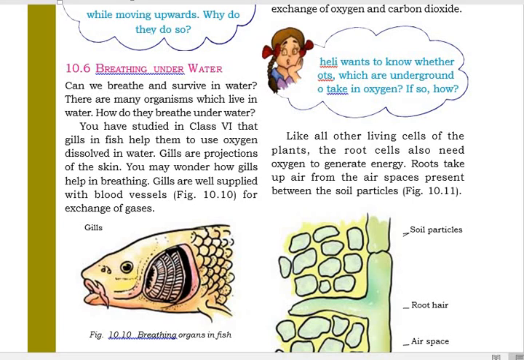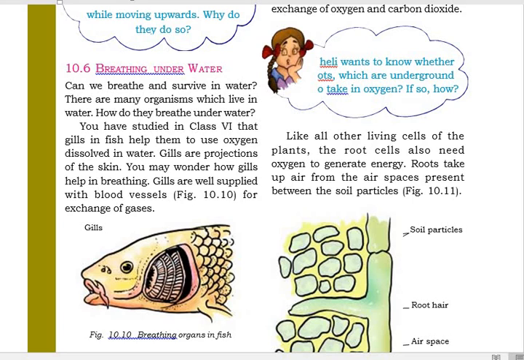These are the openings, the gills. You may wonder how gills help in breathing. You know how the fish breathes. When the fish always moves in water, the gills are well supplied with blood vessels for exchange of gases.